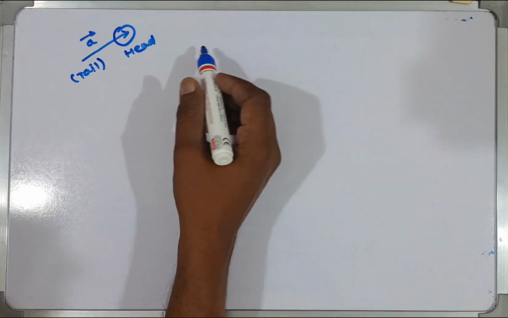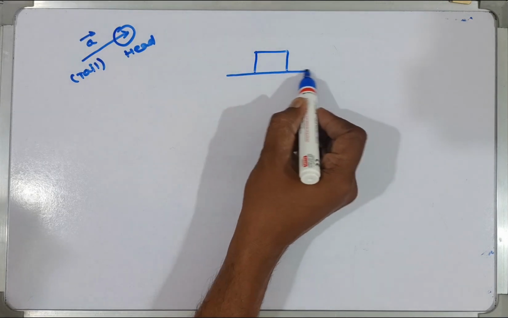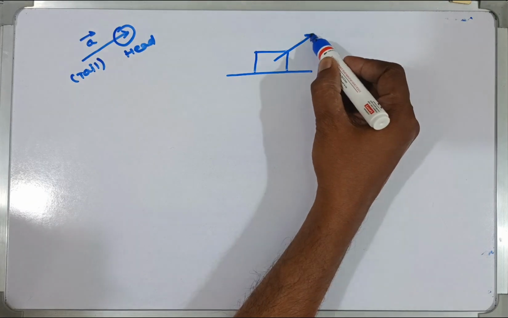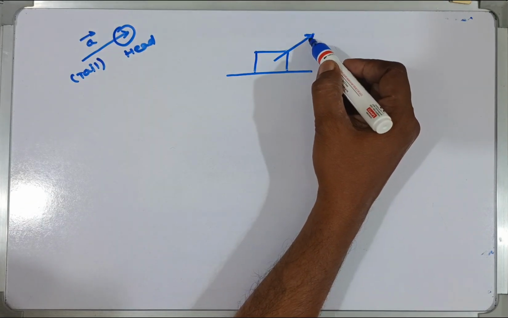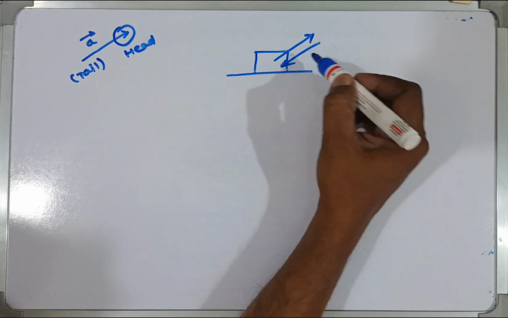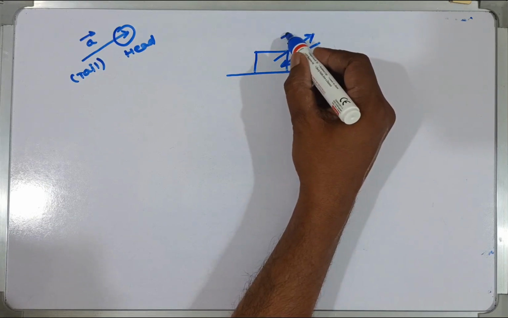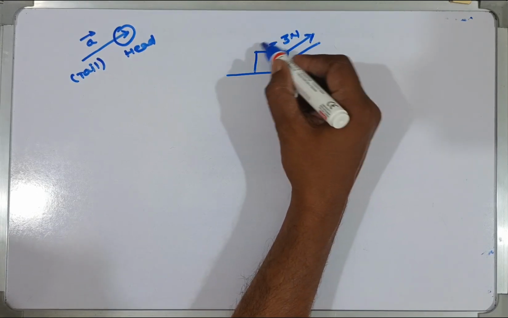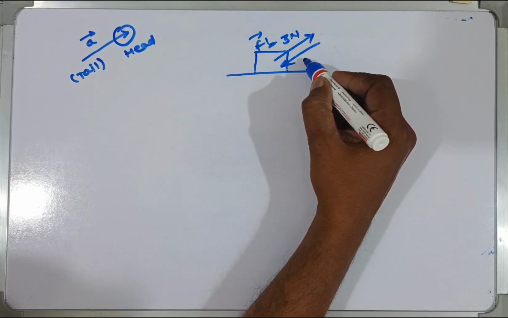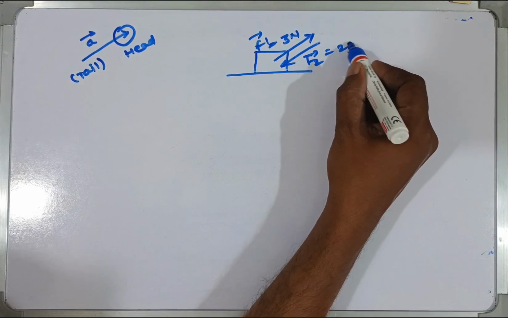Suppose this one is a block, and the direction of force is like this. One arrowhead is in this direction and the other arrowhead is in this direction. Suppose this one is 3 Newton force F1, and F2 is a 2 Newton force.